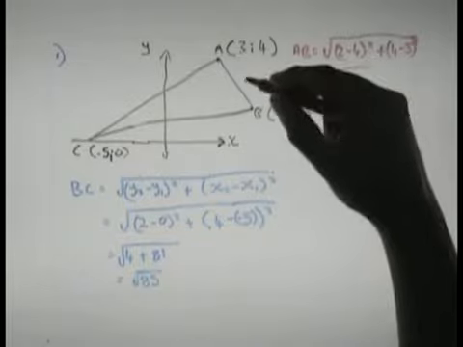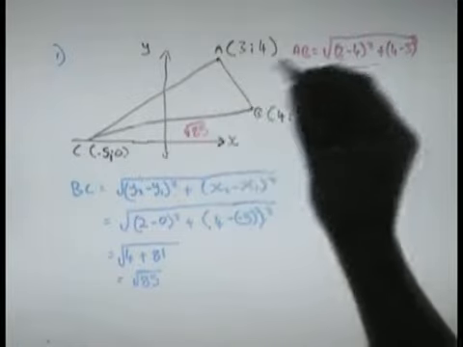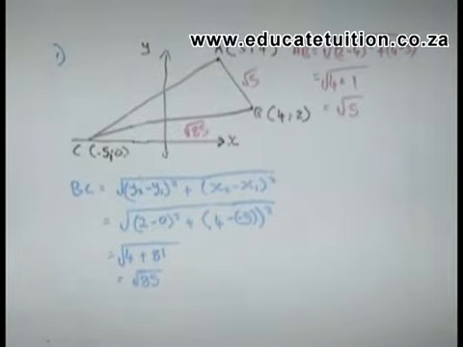That's the distance AB. So we know that BC is equal to root 85. AB is root 5.